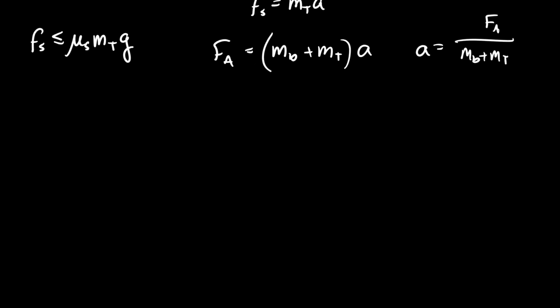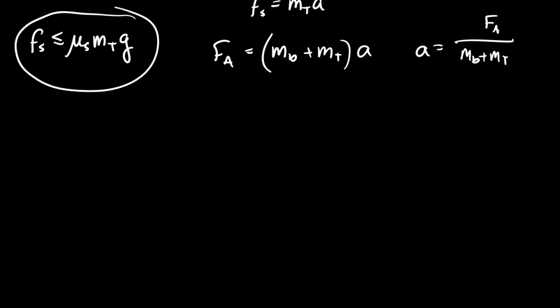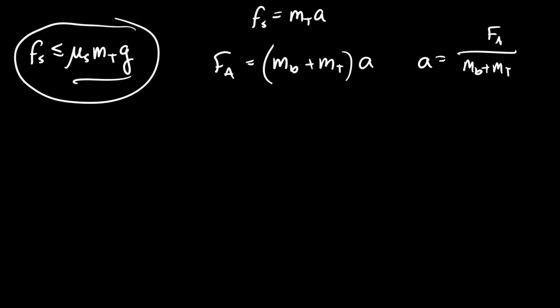So we now have our condition that has to be maintained. The static frictional force must be less than or equal to mu s times the normal force. So if I want to figure out the size of that frictional force, if I want to find out the size of the applied force that will be okay to push the box, I'm probably going to have to do some substitution to get there.